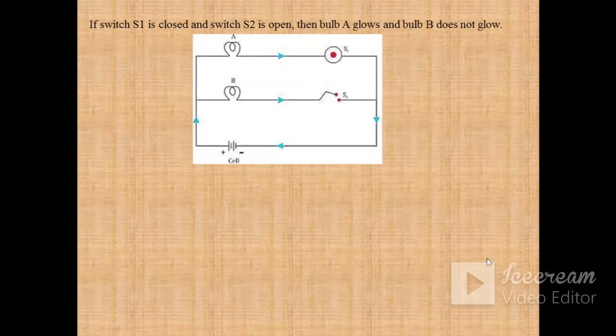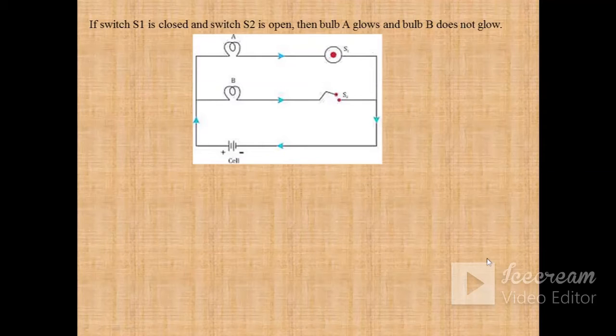Now if switch S1 is closed and switch S2 is open, in that case bulb A glows and bulb B does not glow. Whereas in the previous case of the series diagram, we replaced bulb B by a fused bulb, and when the switch was closed there was a single switch for both A and B, so A also did not glow.